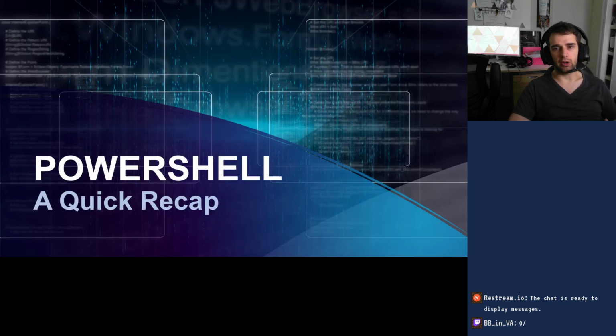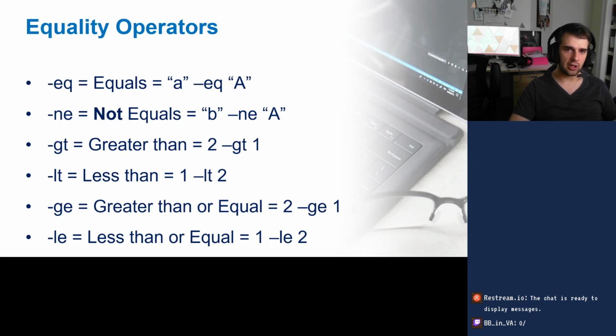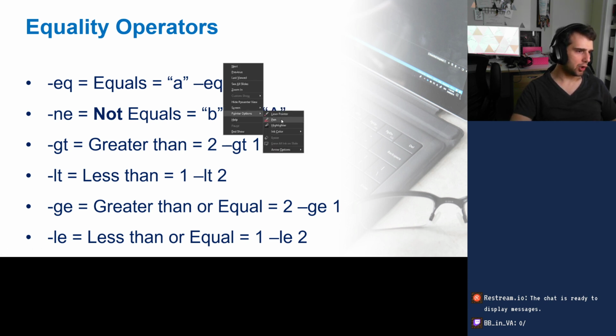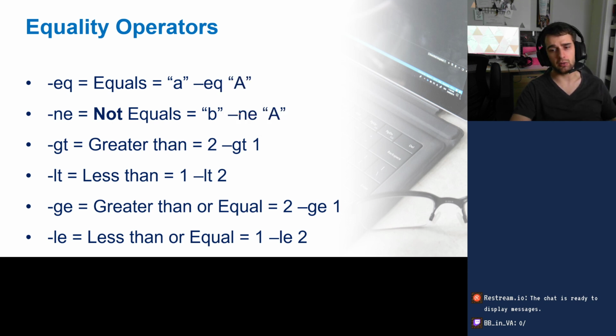PowerShell, quick recap. We're just going to be talking about equality operators. We've talked about this in the previous lessons, but we're going to quickly reiterate because we are going to be using these a little bit more now. So we have our equals. It's the same operator as in other languages, like VB or C#.